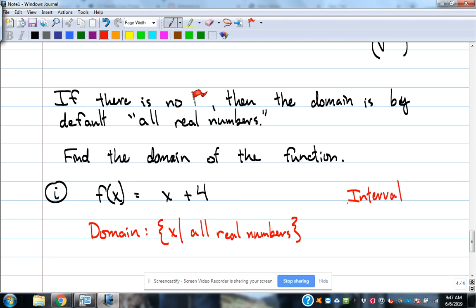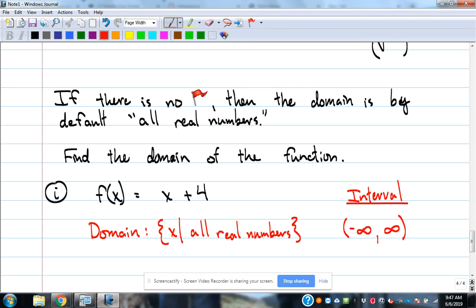All real numbers, it starts at negative infinity, so the negative and then an infinity symbol, which is like a sideways 8, all the way to positive infinity. Parentheses on each end. That's not an ordered pair. The parentheses mean not including these numbers, and it's like we start at negative infinity. The comma means okay, we're going until we get to the next number listed, and that next number is positive.